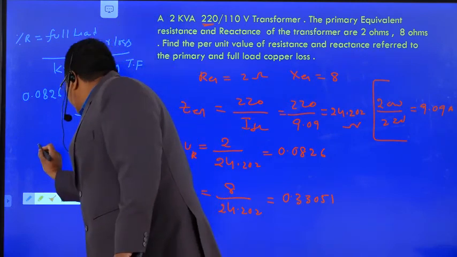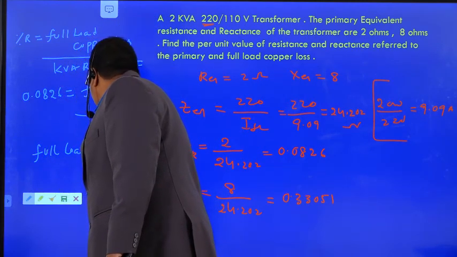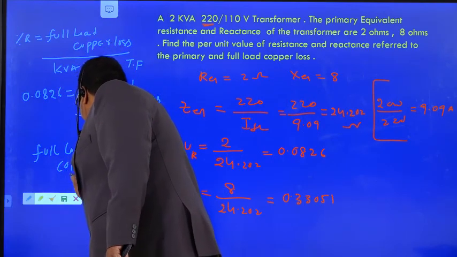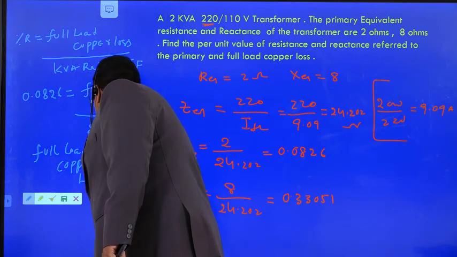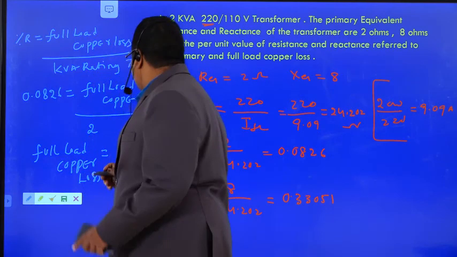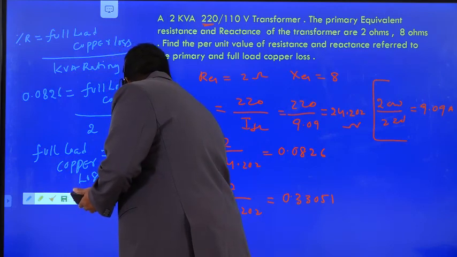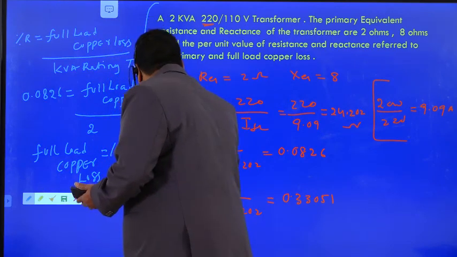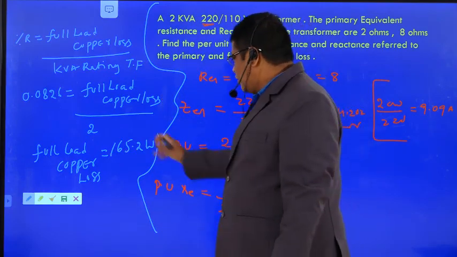So the full load copper loss in kilowatts is equal to 165.2 watts. Actually this value we get in kilowatts, which we have converted into watts by multiplying by 1000.